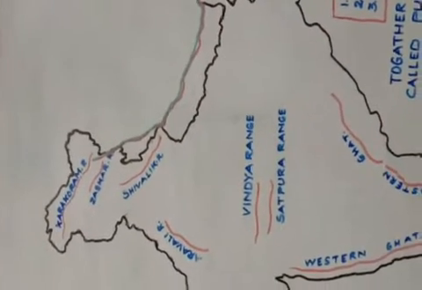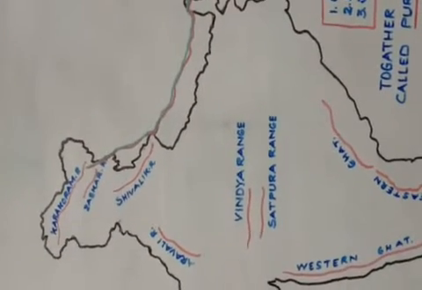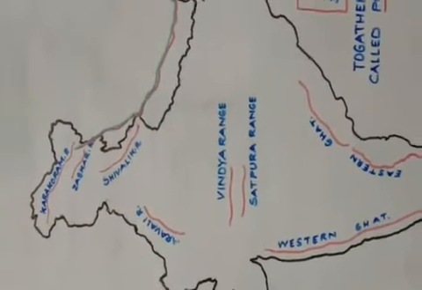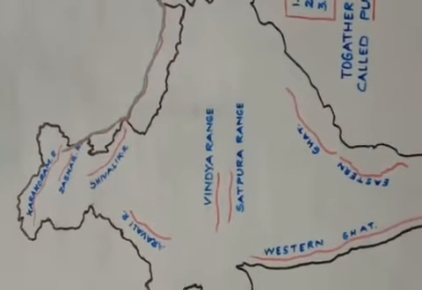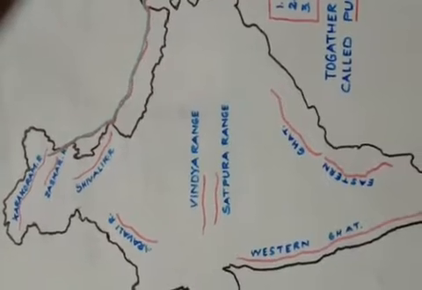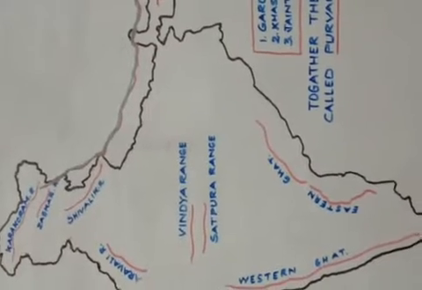Below that you have the Zaskar range. Below that you have the Shivalik range. In Rajasthan you have the Aravalli range. In Madhya Pradesh you have the Satpura range and the Vindhya range. On the western sea coast you have the Western Ghat, and on the eastern side you have the Eastern Ghat.